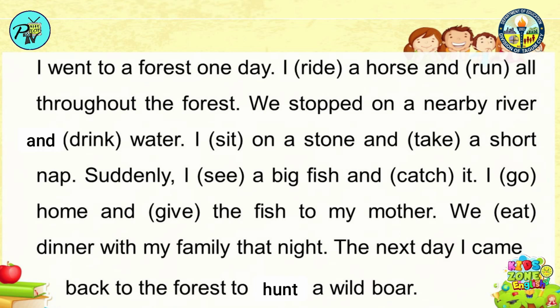Suddenly, I see a big fish and catch it. I go home and give the fish to my mother. We eat dinner with my family that night. The next day, I came back to the forest to hunt a wild boar.